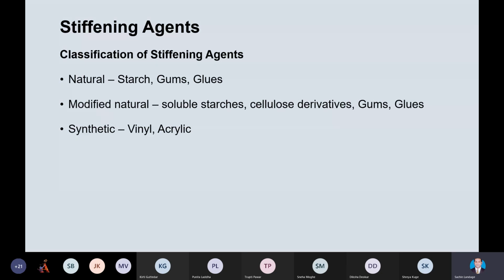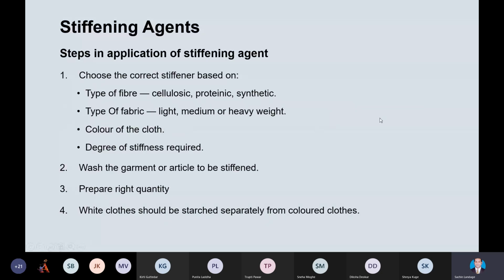We are not going into details of each and every class, that is, starch and its derivatives, gums, glues. It is just to give an idea of the various stiffening agents we can use. Now, how are we going to apply the stiffening agent? That part we are going to see here.